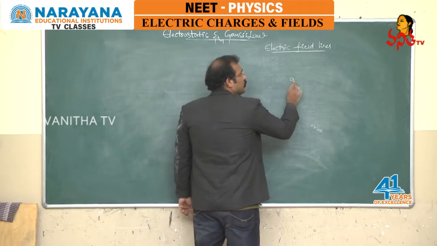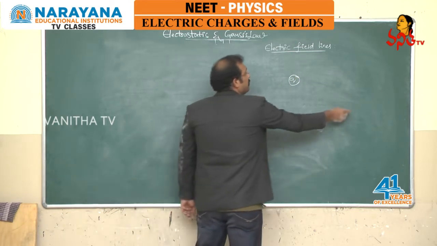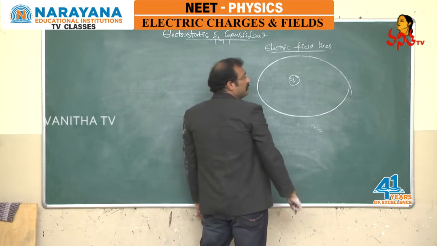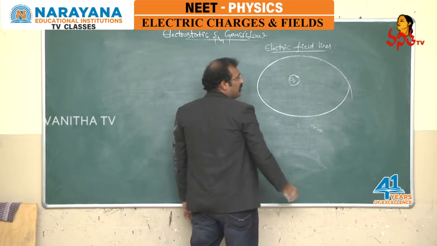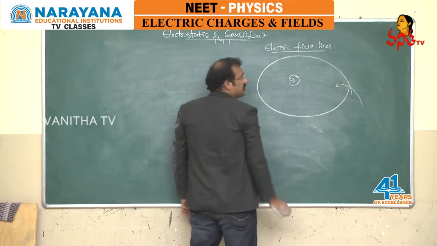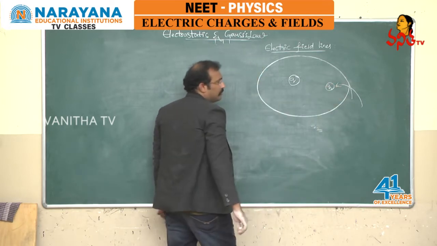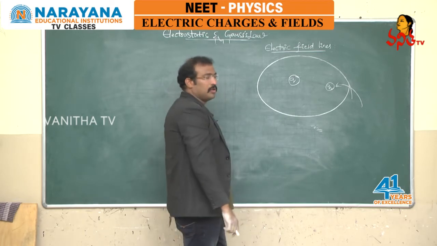Suppose there is a charge q. It has produced the field. Now, this is called the source charge that has produced the field. Now, into the field of this charge q, a test charge is introduced. Now, this experiences the force.